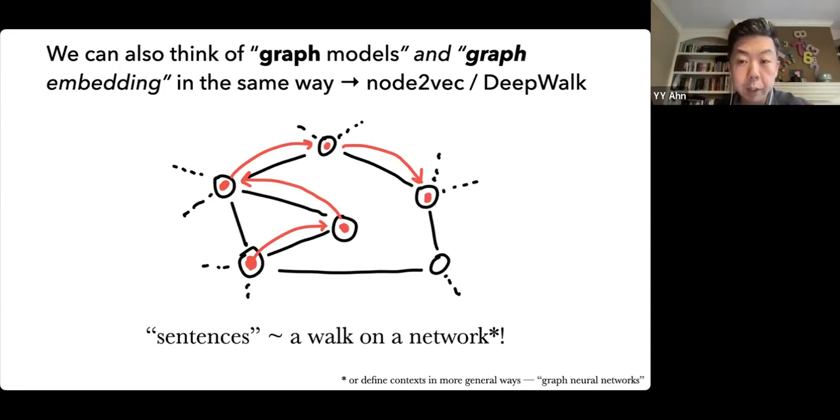So the most common way to do it is to run many random walks, and then use the IDs of the nodes appearing in random walks as if they are words, so that we can get the embedding of those words. Yeah, so that's the super basic graph embedding methods.